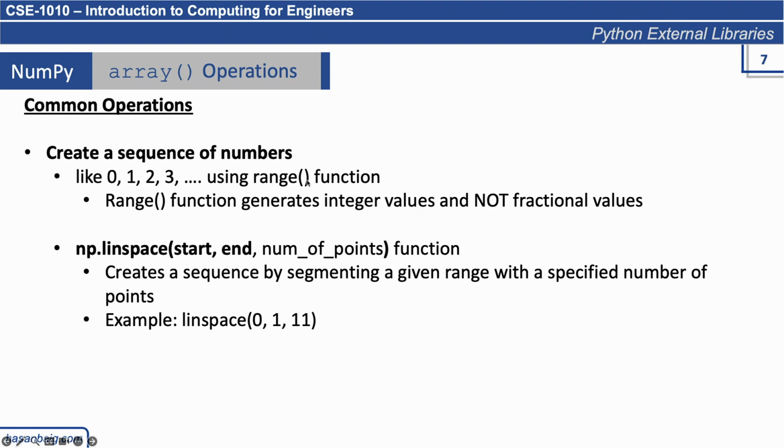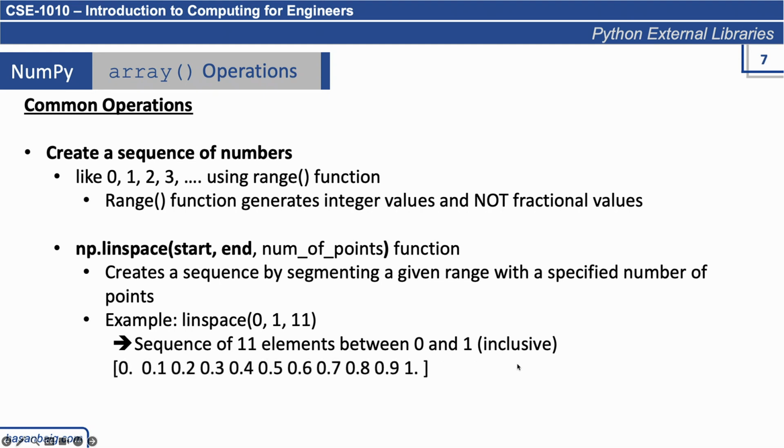If we specify, let's say, 0, comma 8, then 8 will not be included. It will generate a sequence from 0 to 7. In linspace, the end parameter is inclusive, and it will create 11 points between these two boundaries. So the sequence of elements between 0 and 1 is generated.